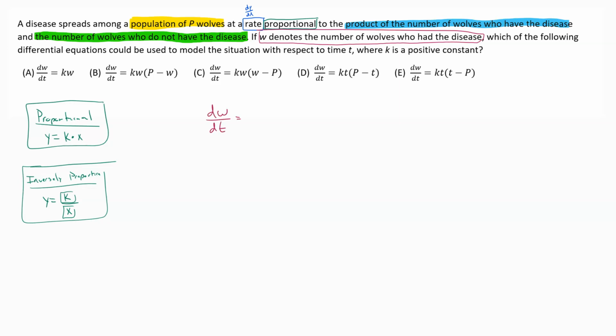That is going to be our population. So how much our population is changing, that's our rate portion right here. Proportional tells us that we're going to be in this y equals kx. Well, our y is the dy dx, and the other side of this is our k times x. That's the proportional part right there.